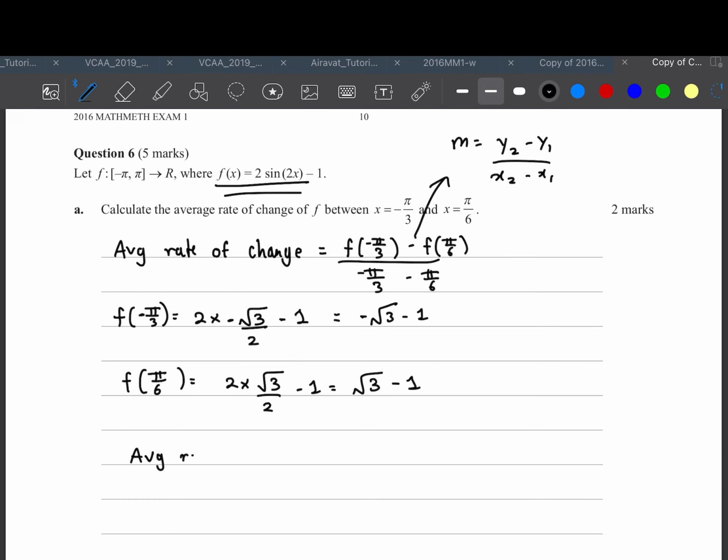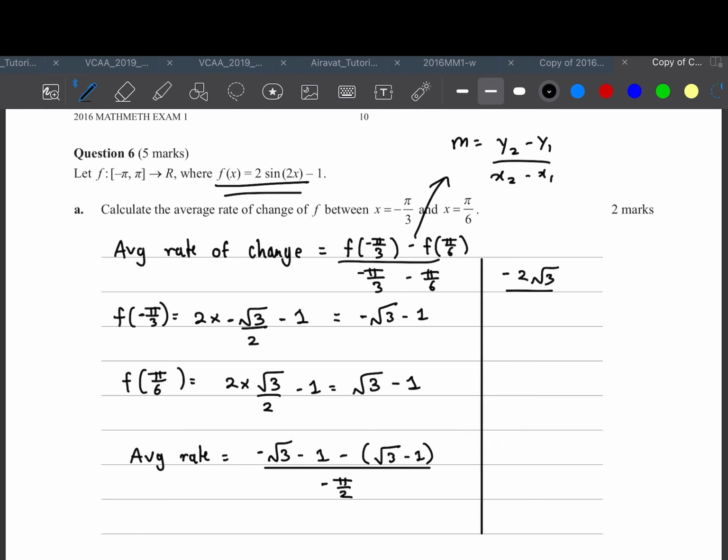So average rate of change equals negative root 3 minus 1, minus, always add brackets just to avoid mistakes in sign, because sometimes you forget to change negative negative to positive, so it's always better to write brackets, divided by negative pi on 2. Now solving for that would give us negative 2 root 3 on negative pi on 2, which would mean that our average rate is going to be 4 root 3 on pi. So there you go, that's how you do this.